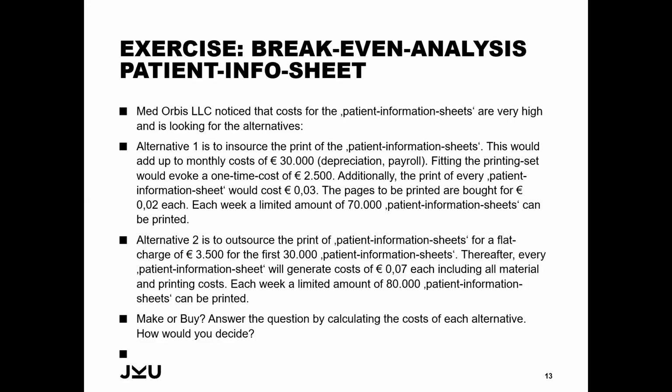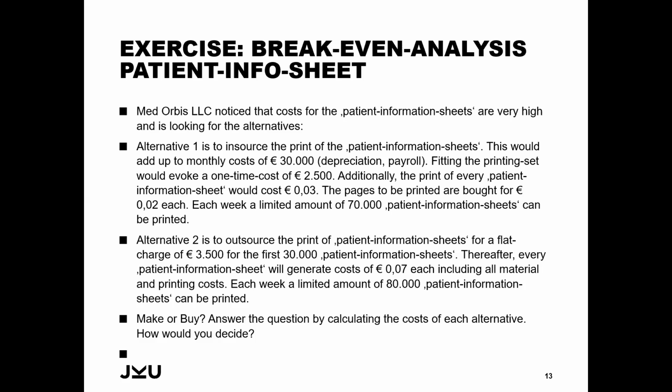Now, alternative 2 is to outsource the print of patient information sheets for a flat charge of 3,500 euros, but for the first 30,000 patient information sheets. Thereafter, every patient information sheet will generate costs of 7 cents, each including all material and printing costs. Now, each week, a limited amount of 80,000 patient information sheets can be printed.